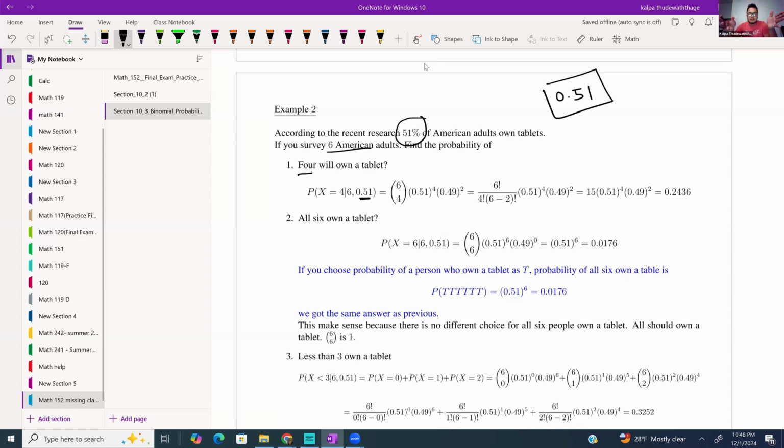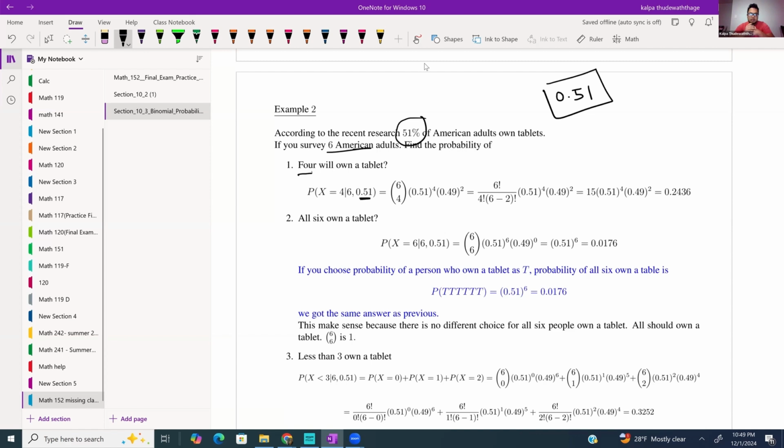So in my class, if I ask 6 people, do you own a tablet or not? I can select 6 people and ask, what is the probability 4 of them own a tablet?